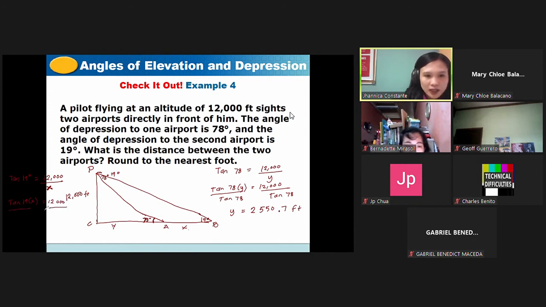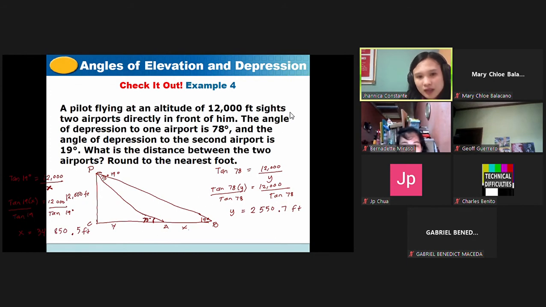Divide both sides by tan 19 degrees. So we have x is equal to 12,000 divided by tan 19, which is equal to 34,850.5 feet. So those are the two distances from the airplane to the two airports that we have.